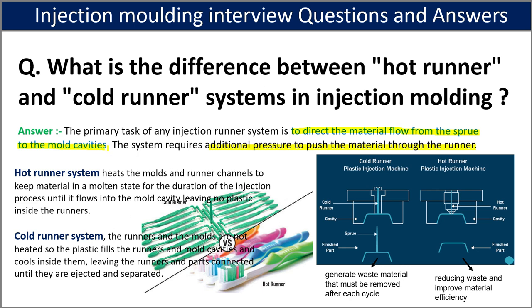The system requires additional pressure to push the material through the runner. So here the material is flowing from the screw to the mold cavity through the runner system. There are two ways: one is the hot runner system and another is the cold runner system.